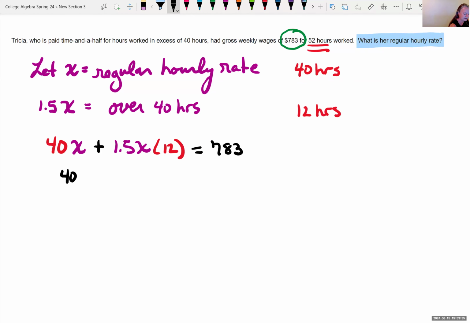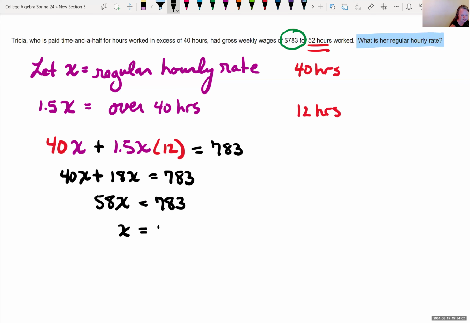This is 40x plus, well, 1.5 times 12, that is 18x, is equal to 783. So 40 plus 18 is 58x is equal to 783. So x is 783 divided by 58.